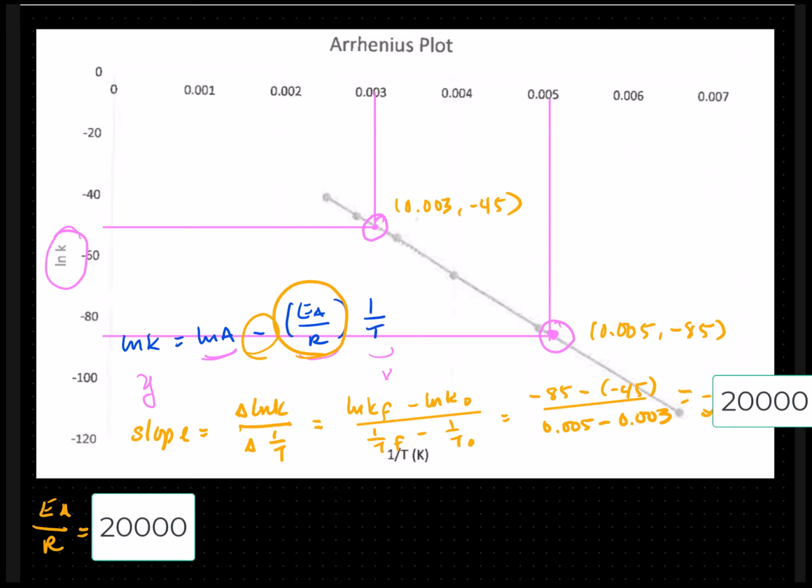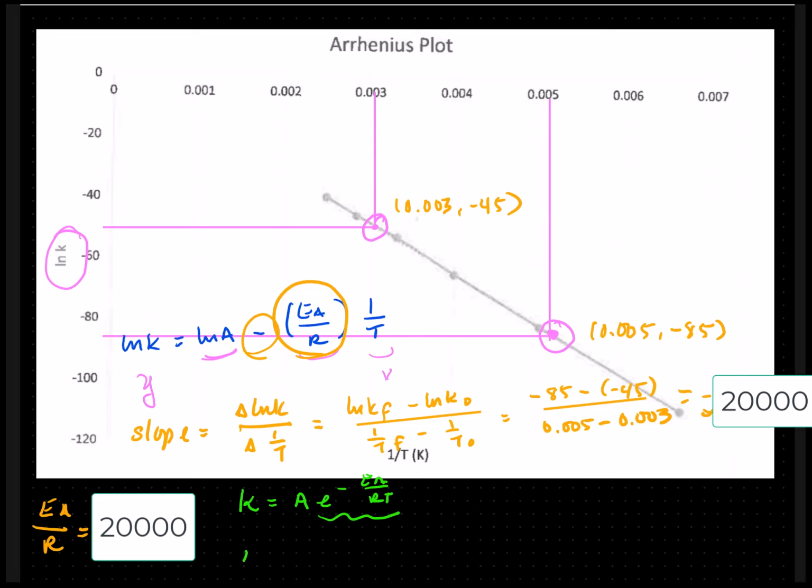So my general equation for the rate constant for Arrhenius is k is equal to the frequency factor, or the Arrhenius factor, times e to the negative EA over RT. To solve for A, we need to divide both sides by this.